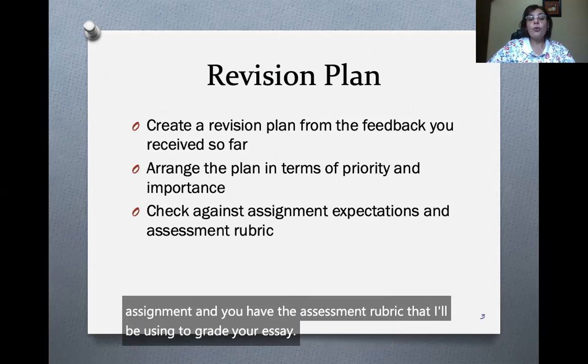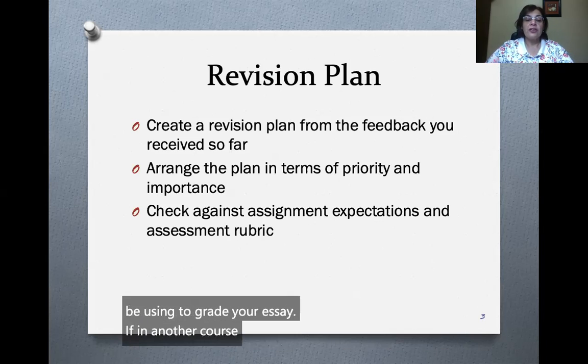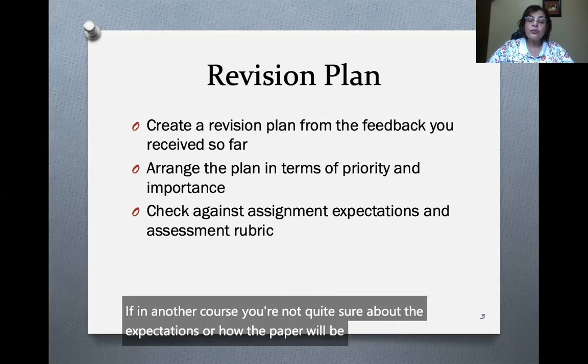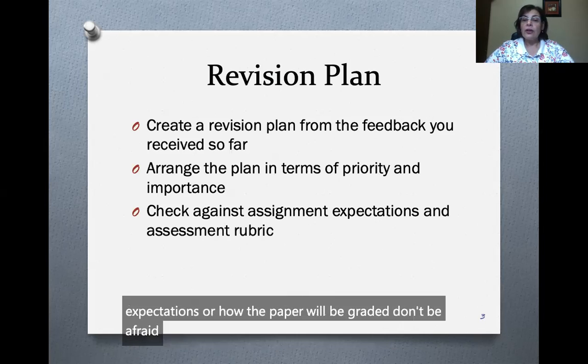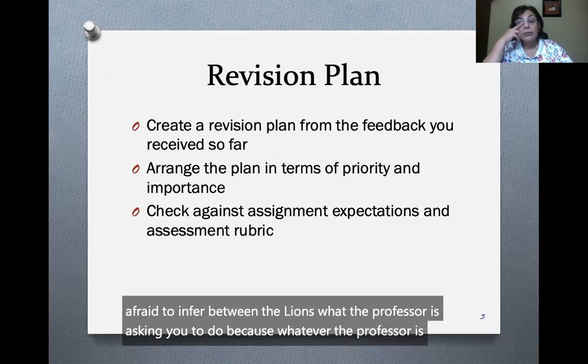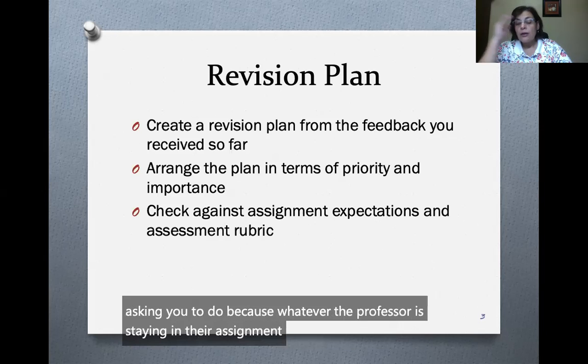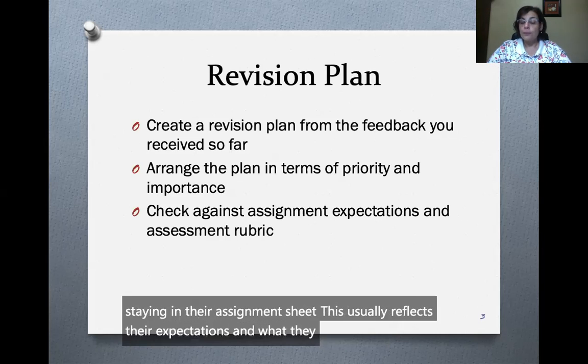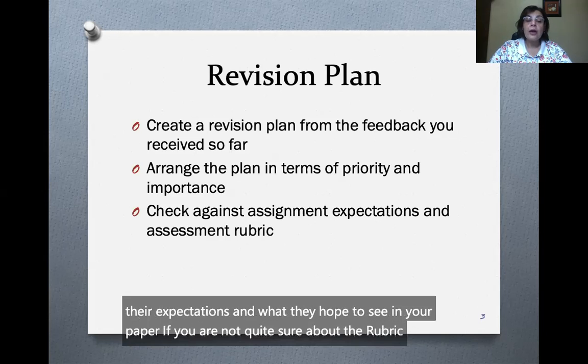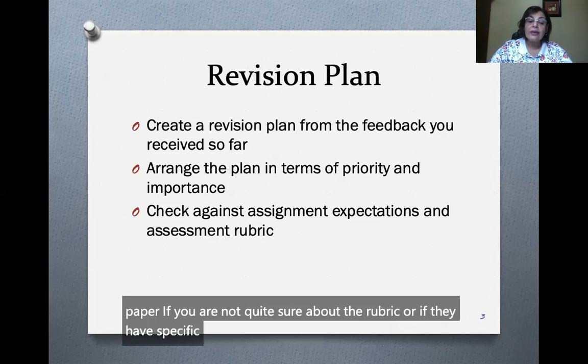If in another course, you're not quite sure about the expectations or how the paper will be graded, don't be afraid to infer between the lines what the professor is asking you to do, because whatever the professor is saying in their assignment sheet usually reflects their expectations and what they hope to see in your paper. If you're not quite sure about the rubric, or what specific assessment rubric they use in grading, feel free to ask.